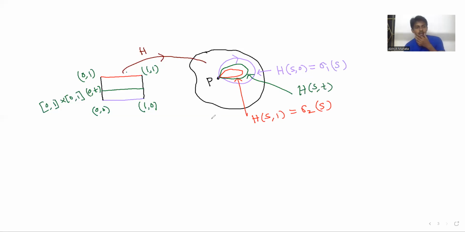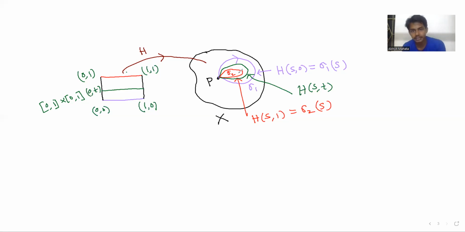So you can understand that suppose in the space X we have two loops, sigma 1 and sigma 2. We say sigma 1 is homotopic to sigma 2 if we can move from sigma 1 to sigma 2 in a continuous fashion.